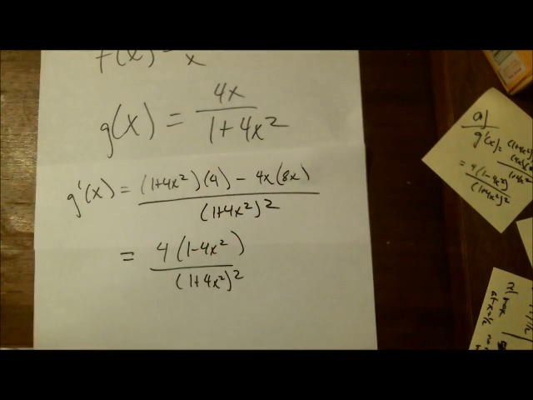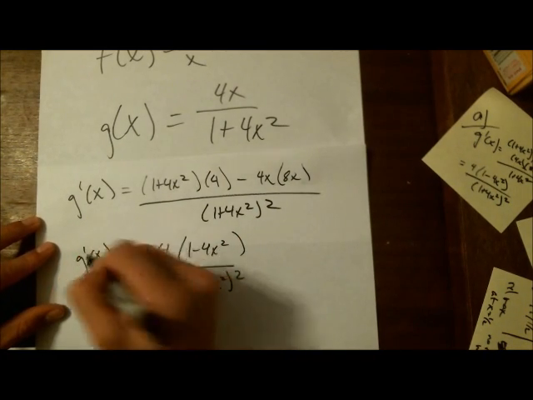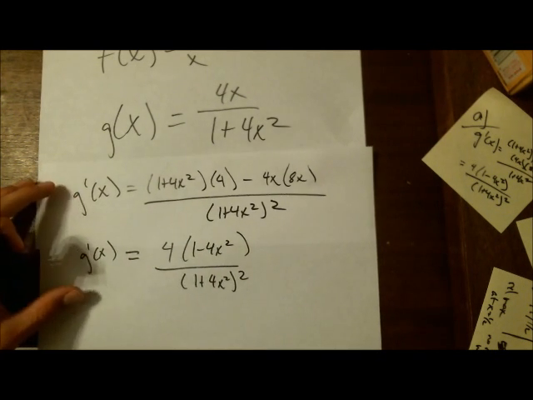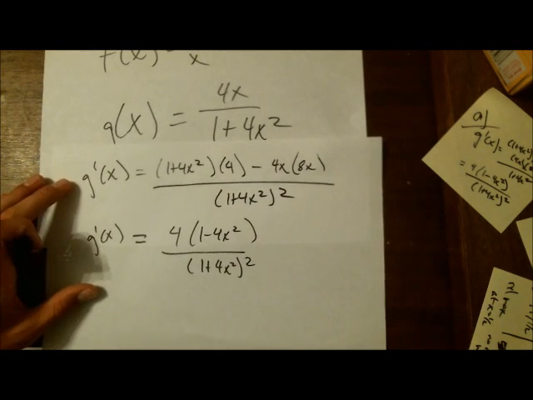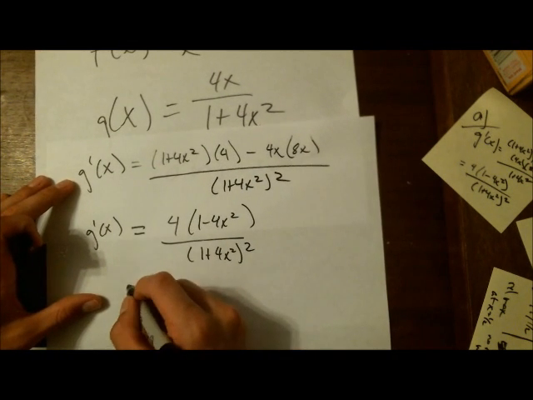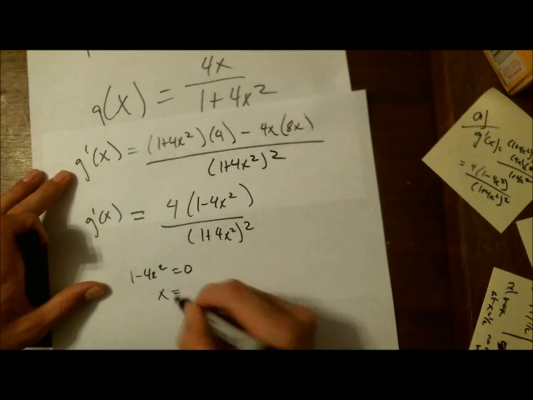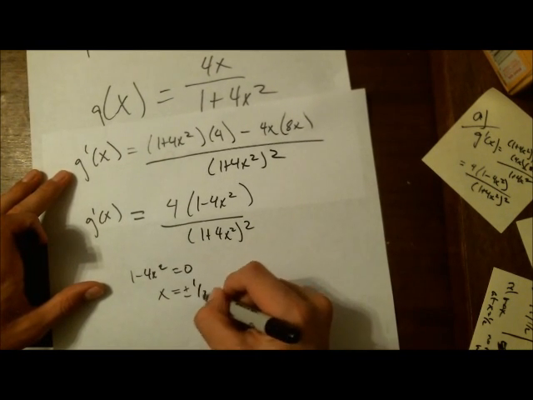Now we need to find the critical points of this function so we can do a sign test. For g prime, that's really simple. We just set the numerator equal to 0, and we get x equals plus or minus 1/2.